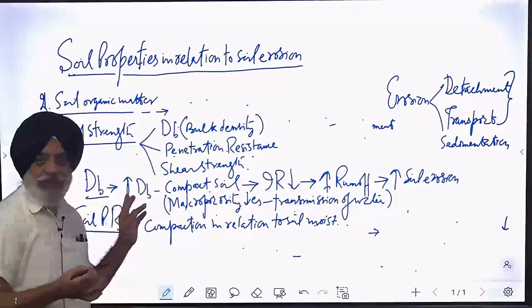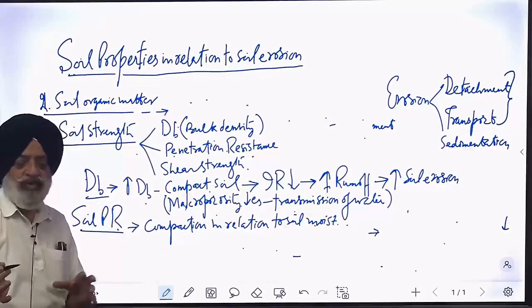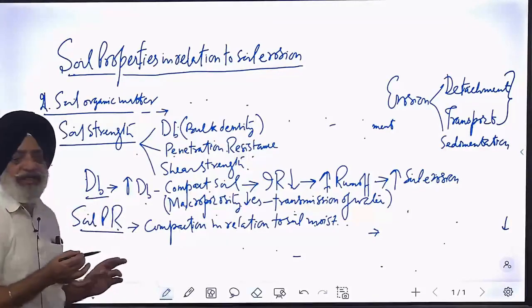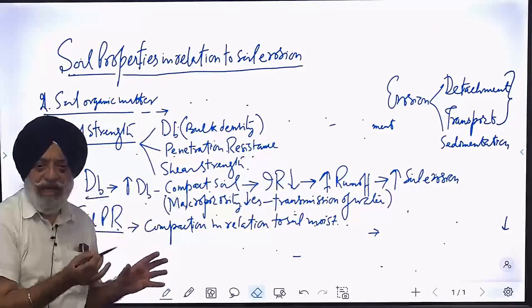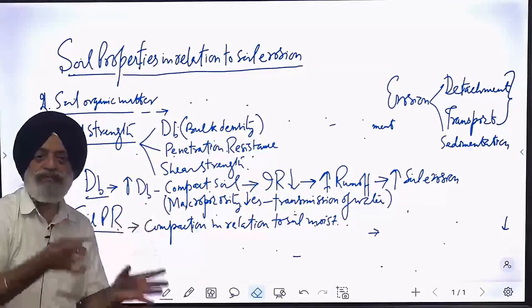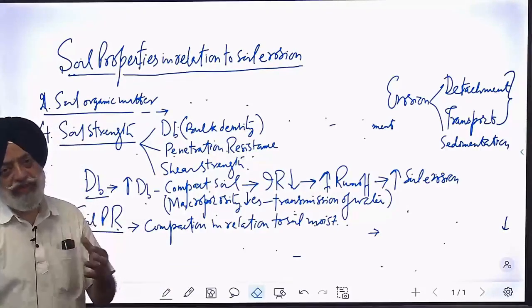It is independent of moisture, but for the same bulk density with two different moisture contents, the soil penetration resistance will be different. The soil with higher moisture content will have lower penetration resistance. The soil with lower moisture content will have higher penetration resistance.